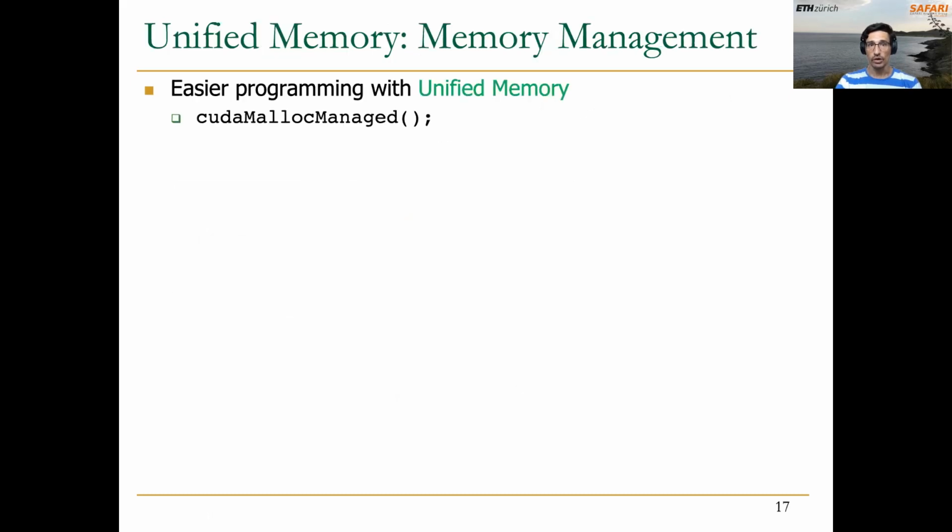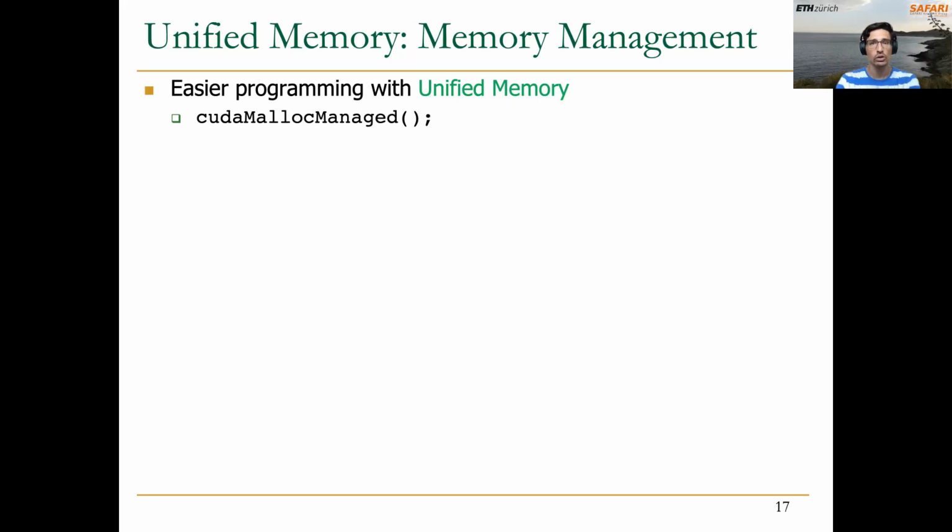So regarding memory management in the unified memory, one key observation is that one of the biggest advantages of the unified memory is that programming is much easier. Essentially, because now we don't have to double allocate anymore in CPU and in GPU, and also perform explicit data transfers between CPU and GPU. We can use a single API.